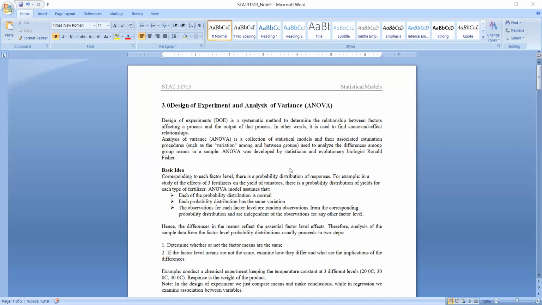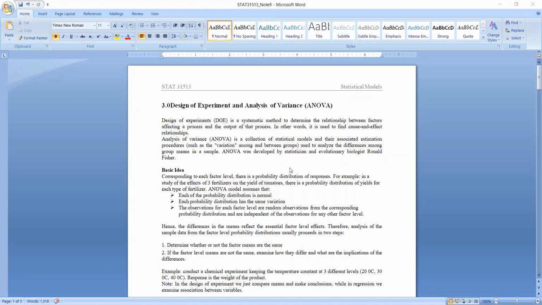Then we calculated their mean squared values and then the F value. Based on this F value, we can conclude whether the regression model is significant or not. That's what we did with the use of the ANOVA table.